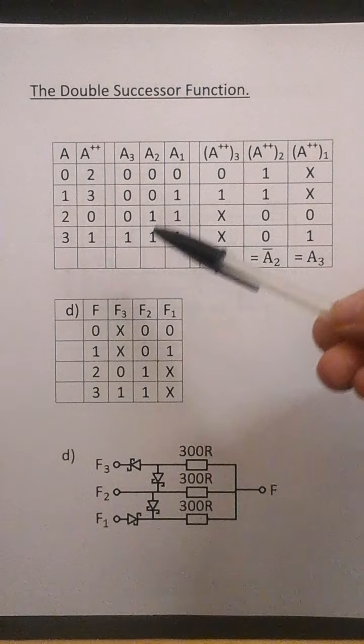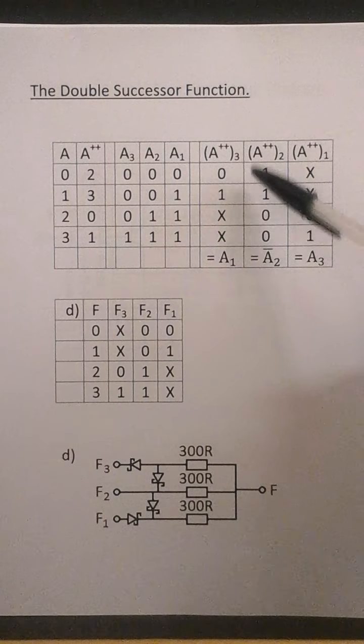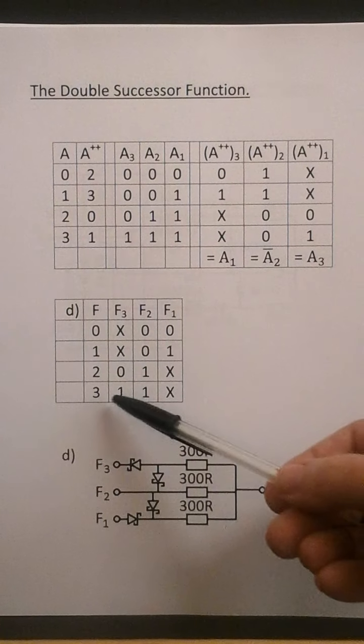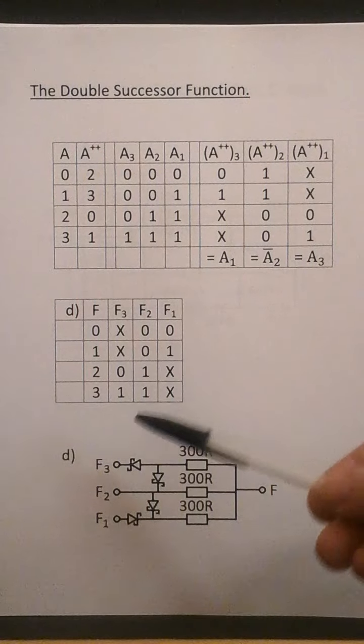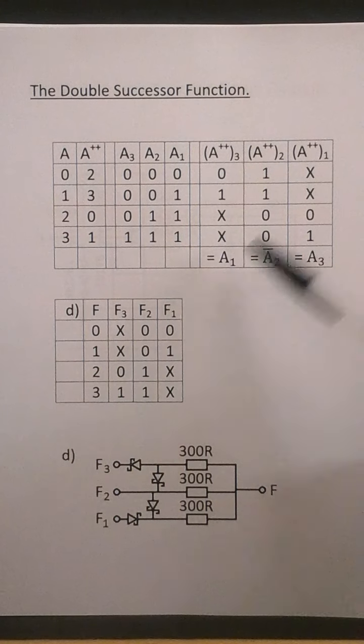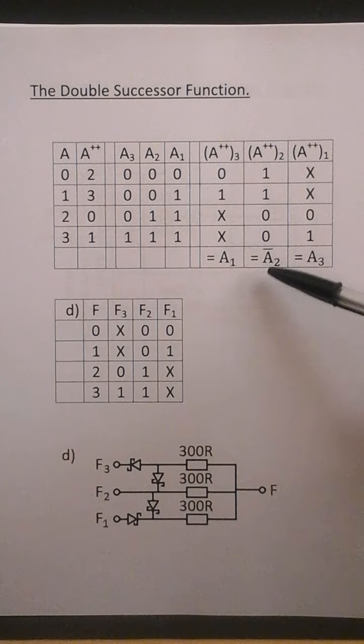So for 2 it is 0, 1, x. 3 is 1, 1, x. 0 is x, 0, 0. 1 is x, 0, 1. So this is equal to A1, this is equal to not A2, and this is equal to A3.